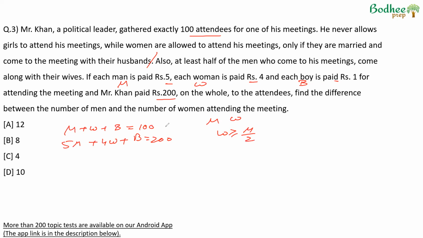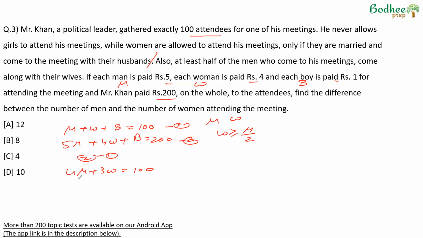Now if we subtract these equations from one another, equation 2 minus 1, 4M plus 3W comes out to 100. So we have to look for a solution here such that M and W are related in this manner.